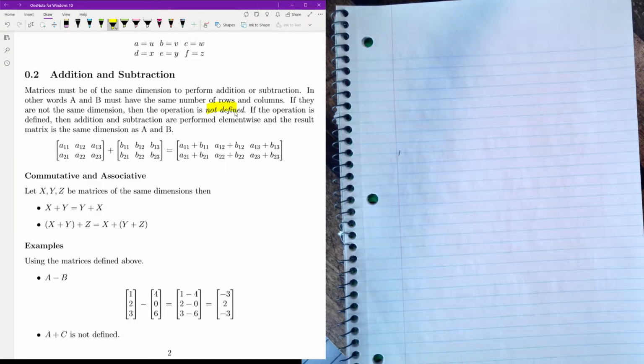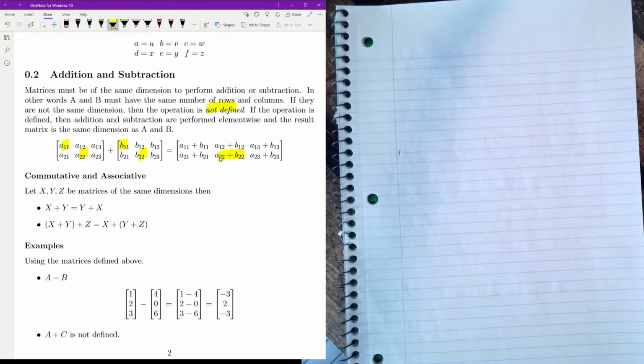If it is defined, then we do the operation element-wise, meaning A1,1 plus B1,1, and A2,2 plus B2,2 goes to this position. It goes piece by piece. And we'll do some examples in just a little bit.